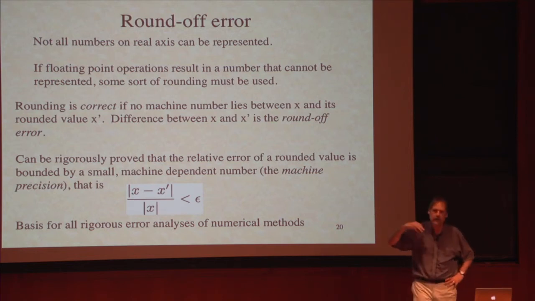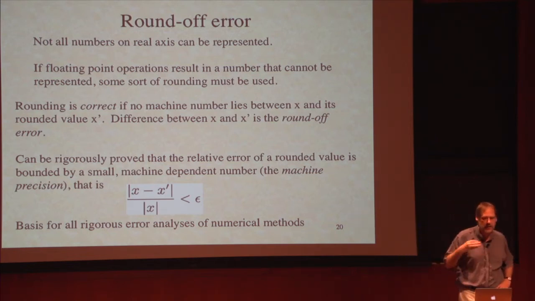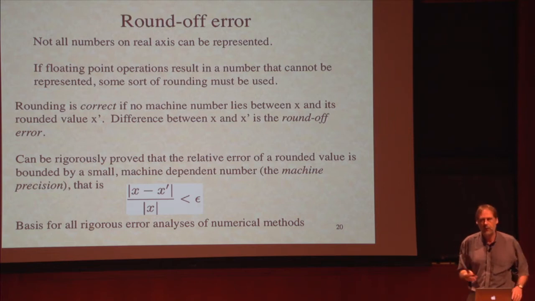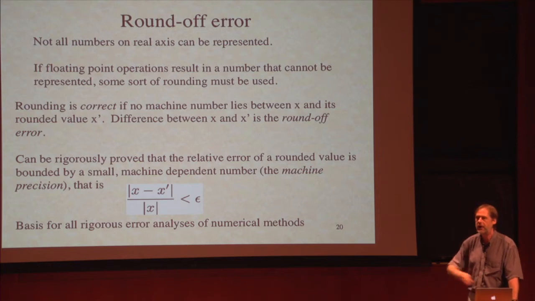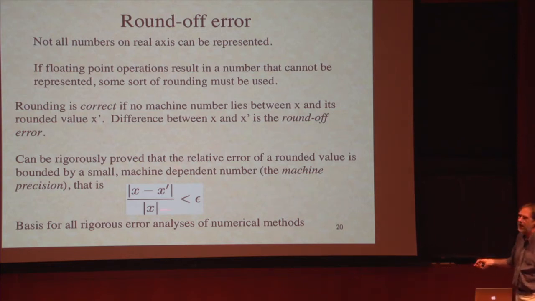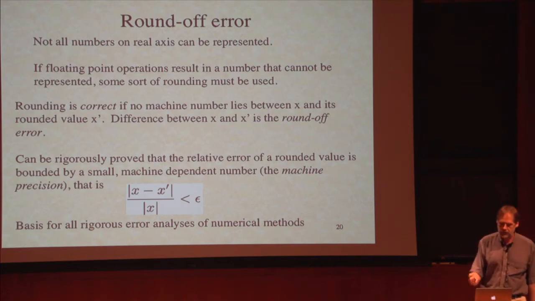But because it is possible to prove rigorously that the errors from round-off are bounded, it is possible to prove theorems, do rigorous numerical analysis, and put rigorous bounds on the total amount of error in the solution after any number of operations.